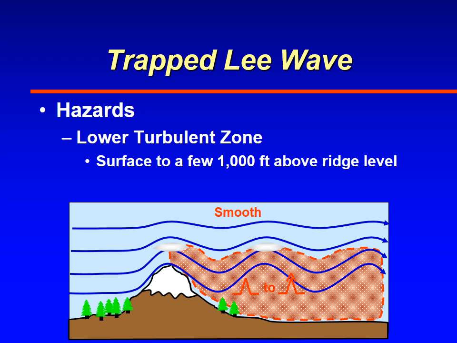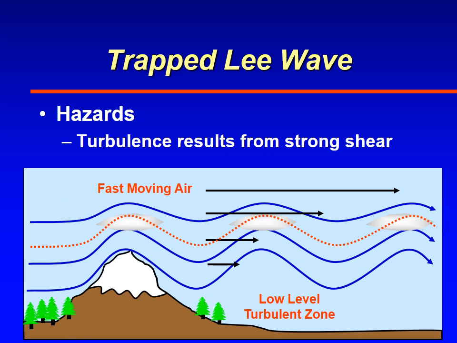So if the mountains are 12,000 or 14,000 feet, like you see in the Colorado Rockies, then you can expect turbulence 15,000 and below whenever you have a trapped Lee wave. So of course the trapped Lee wave results from the strong shear, and the strong shear produces strong turbulence at low altitudes.